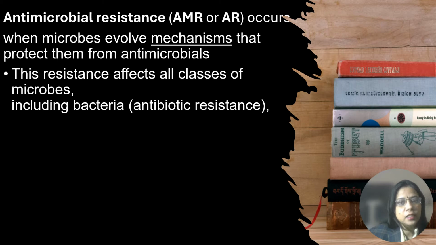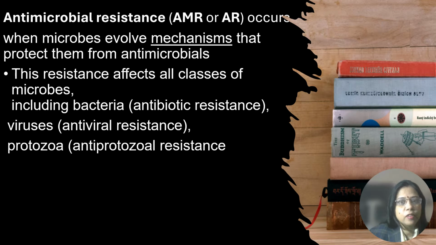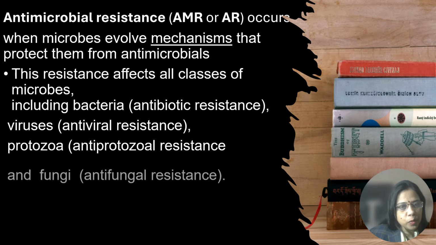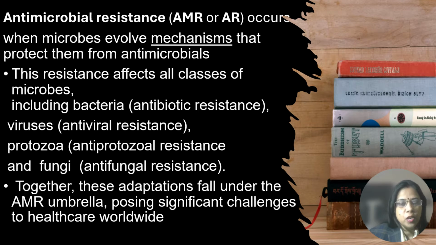This resistance affects all classes of microbes, including bacteria, then known as antibiotic resistance, viruses, then known as antiviral resistance, protozoa, known as antiprotozoal resistance, and fungi, known as antifungal resistance, etc. Together, these adaptations fall under the AMR umbrella, posing significant challenges to healthcare worldwide.